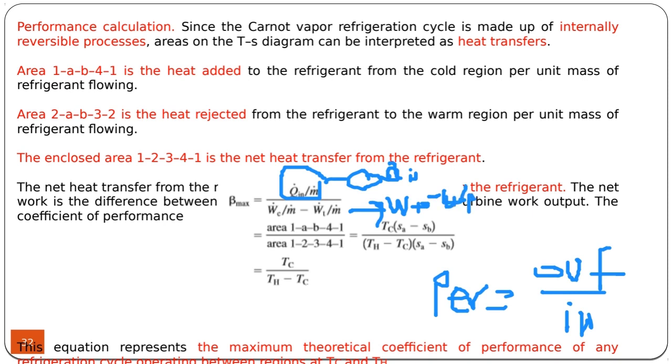In this case, we get the coefficient of performance of a Carnot refrigerator to be Tc divided by Th minus Tc, where temperatures are always in kelvins. Tc is the cold, lower temperature, so it's the evaporator temperature, and Th is the condenser temperature. It's called beta. So beta is the maximum available coefficient of performance for a refrigeration system, which is a Carnot refrigerator.